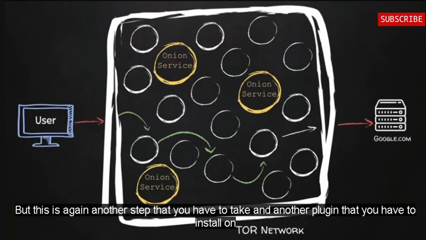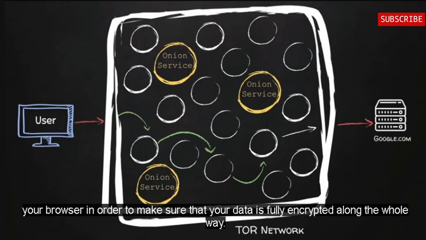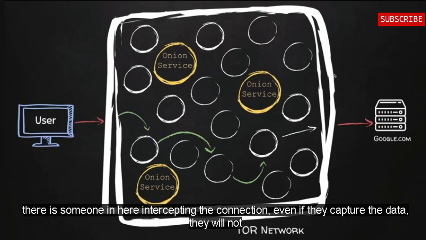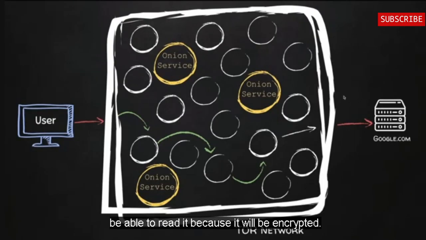But this is again another step that you have to take and another plugin that you have to install on your browser in order to make sure that your data is fully encrypted along the whole way. And even if someone is able to see this data, such as the person running the exit node here, or if there is someone in here intercepting the connection, even if they capture the data, they'll not be able to read it because it will be encrypted.